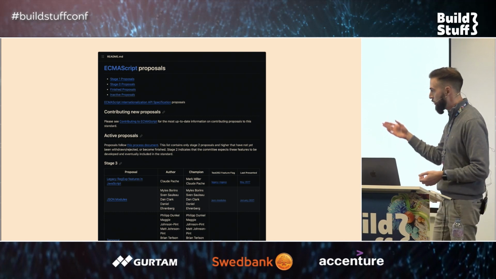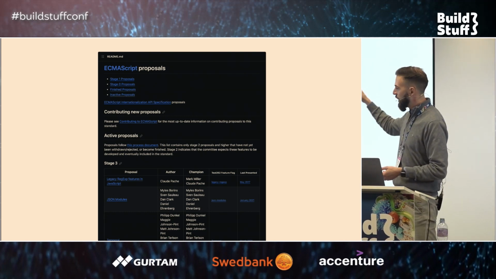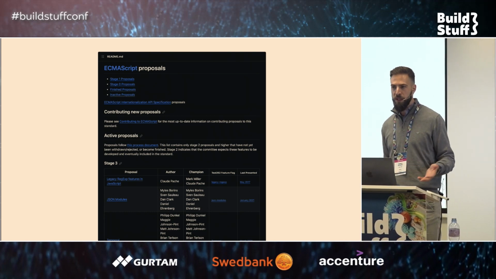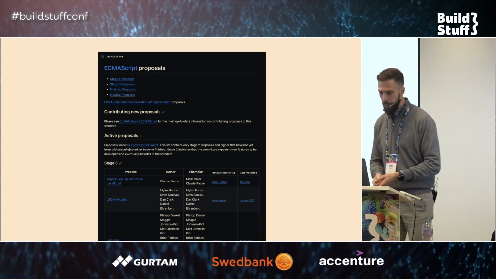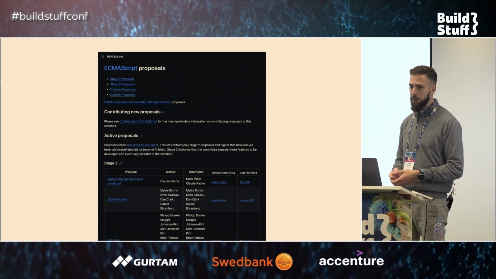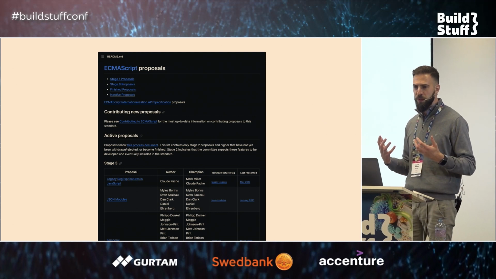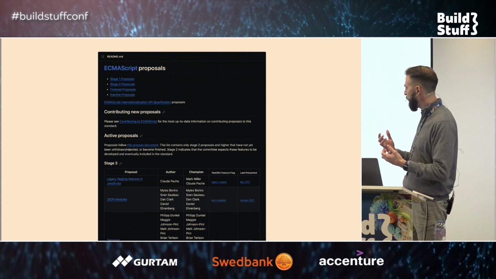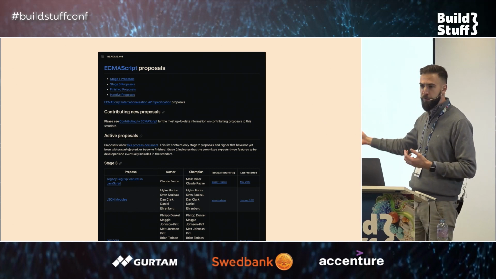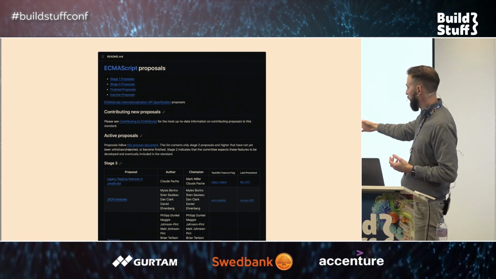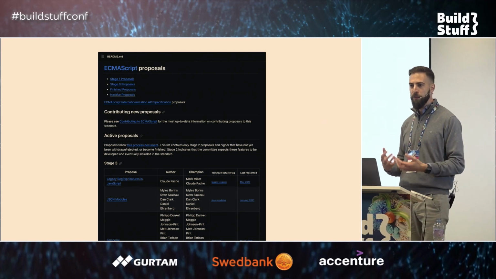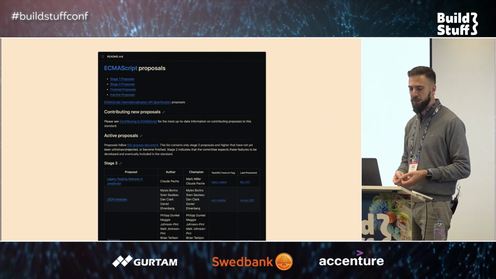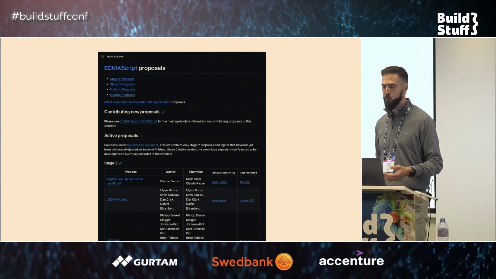It starts at stage 0 and goes all the way to stage 4. Stage 4 is when it's implemented in JavaScript engines, basically. And it would be really good if we as JavaScript developers were part of this. We can take a look at what proposals are out there and actively discuss them, because they need the feedback from actual developers as well.